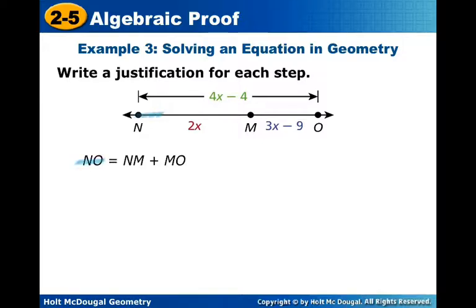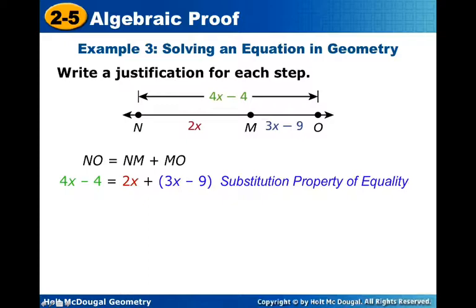NO, that is this segment, is equal to NM, which is this part, plus MO, which is this part. So part plus part equals whole. So that would be our segment addition postulate. And then they just plugged in, so that's substitution.